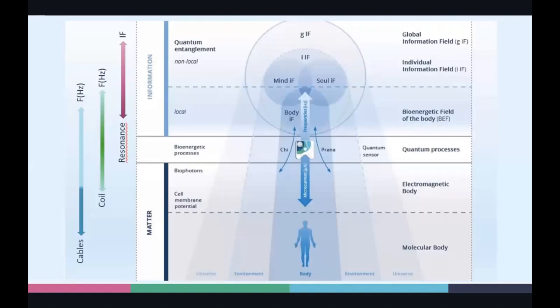If you remember when we looked at the microcurrent and we said it's working with the electromagnetic field, and we're also talking about the physical level, matter, and particle. When we look at the resonance, we're looking at the bioenergetic field and we're looking at a waveform of information. So something before it comes into form.